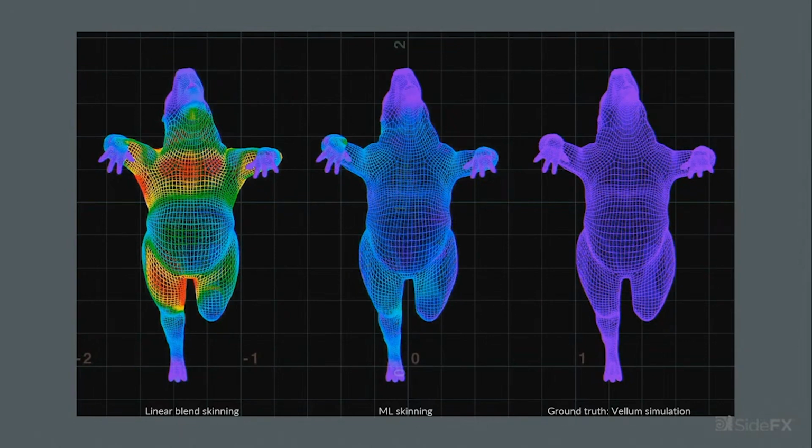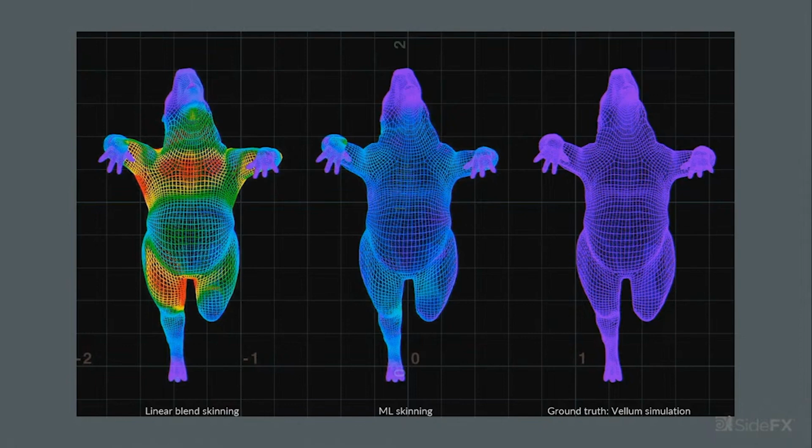In setting this up, what we did was we used as our input the linear blend skinning on the left-hand side of the screen. And on the right-hand side, we ran a vellum simulation, specifically a quasi-static sim.